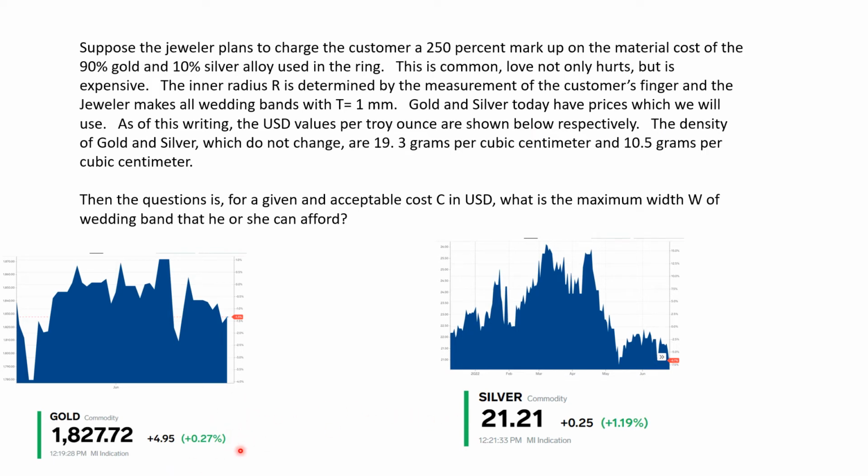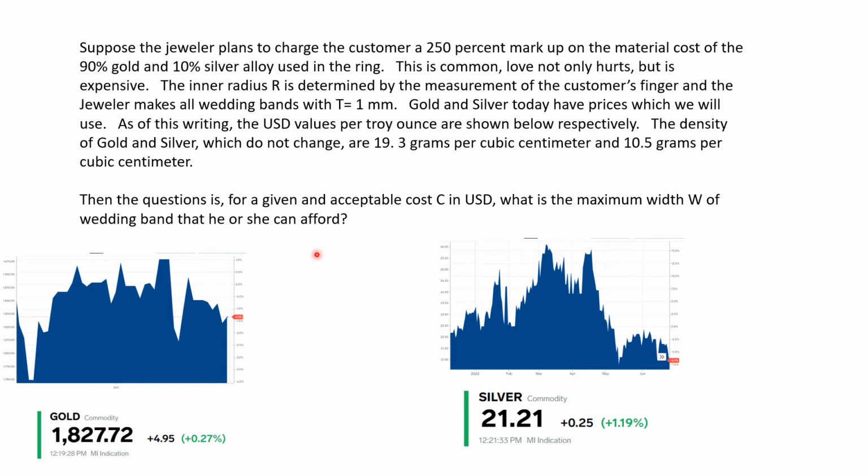There's a value for gold, and there's a value for silver. Now, the density of gold and silver, that's a chemistry thing. That does not change, thank goodness. And gold is 19.3 grams per cubic centimeter, and silver is 10.5 grams per cubic centimeter. Pay attention to these units.